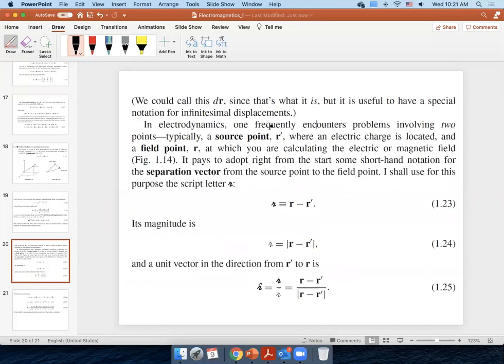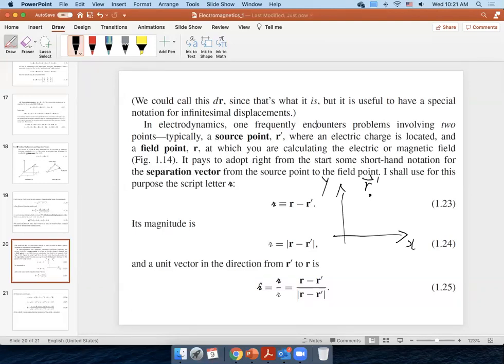So in our course, one frequently encounters problems involving 2 points, typically a source point, which is r prime, where electric charge is located, and then a field point. Let's say you have a coordinate system. It should be 3-dimensional, but I will just make a 2-dimensional one for simplicity. So you may have a point here, let's say it's r prime, which is a charge.